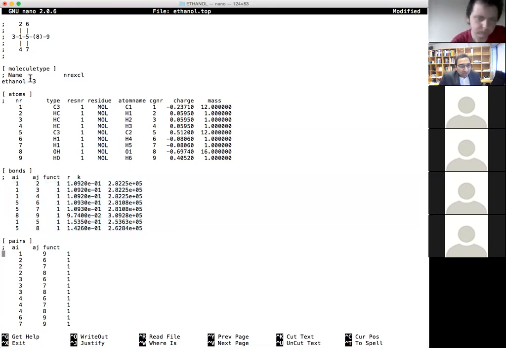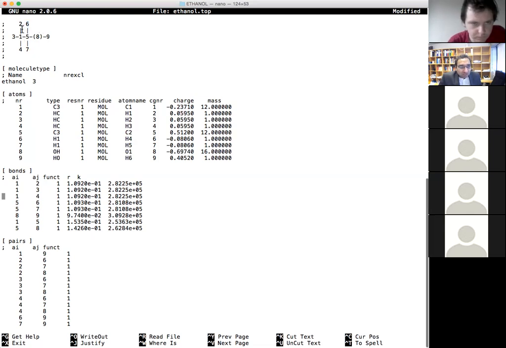And this also brings us to the number of exclusions. Let's look at this image here. Can you see this construct here on the top where my mouse is? This is a schematic of the molecule. Now, if you look at atom number 1 and 9, and then you look at atom numbers 2 and 6, you will notice that both these pairs of atoms are separated by 3 bonds. 1 bond, 2 bonds, 3 bonds.